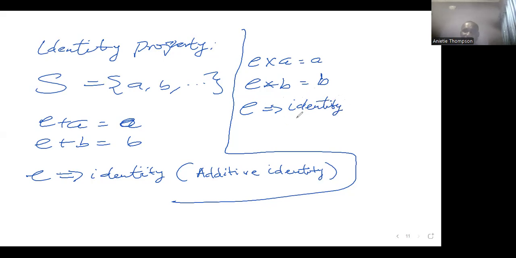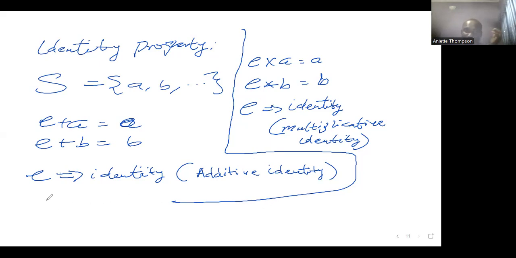But since it is under multiplication, we can call that multiplicative identity. So take note of that. It will really help us a long way to solve some problems when we dive into the practical way of solving problems in this course.